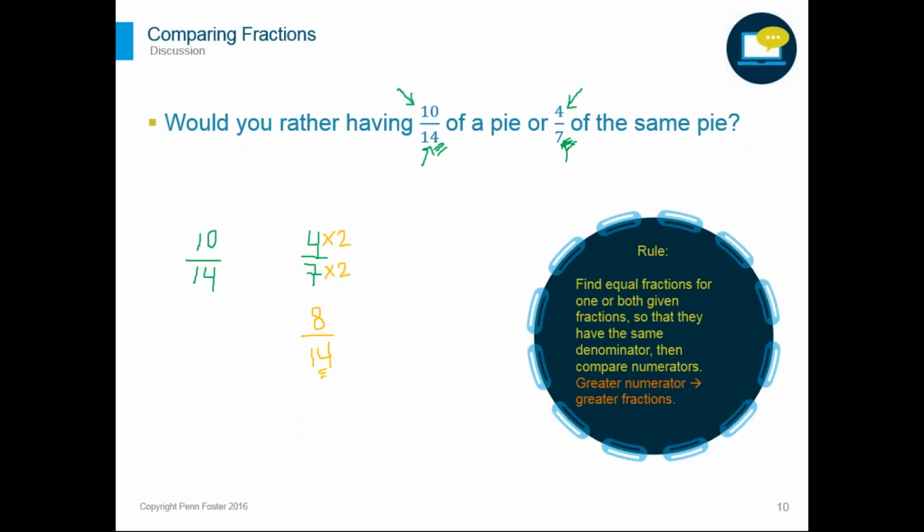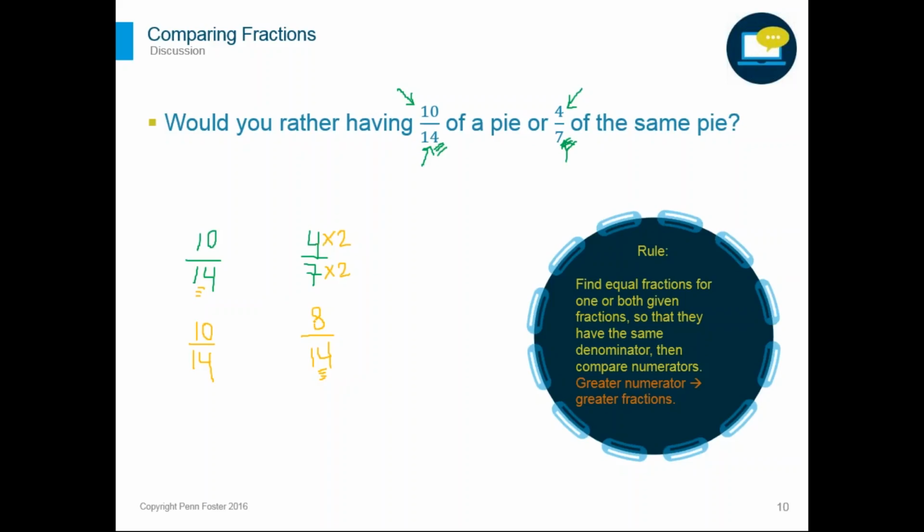I have 14, and I already have a 14 in the denominator of the other fraction. Now I have the same number in both denominators, so now I can compare. I didn't touch that fraction because it already had my 14. I only changed that fraction to an equal fraction.